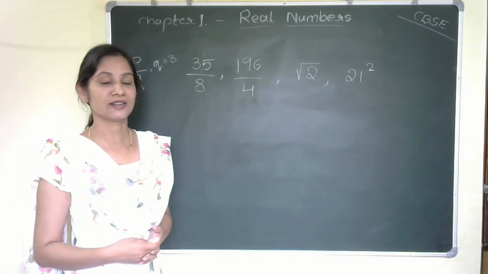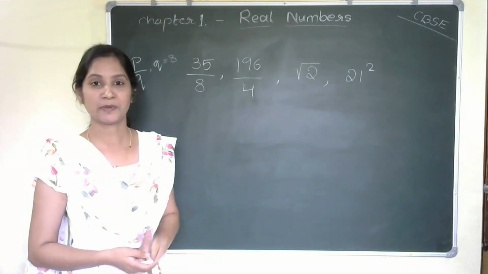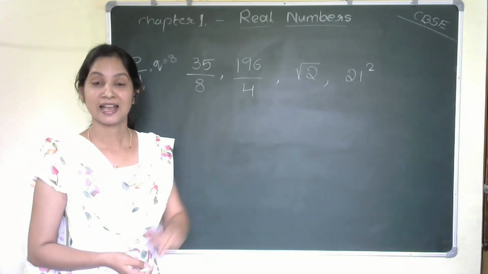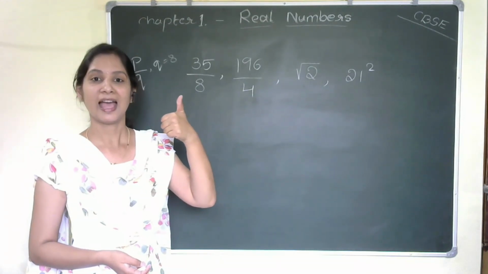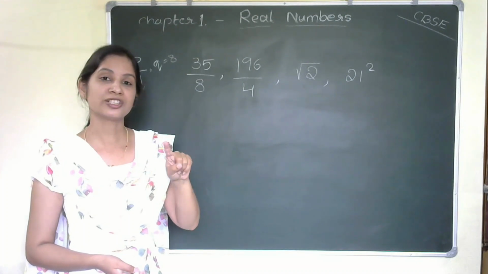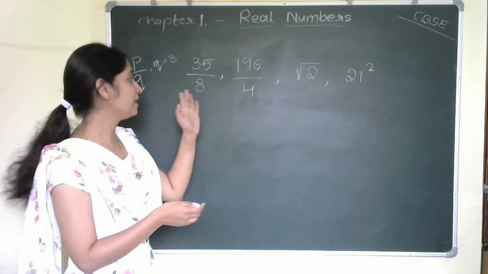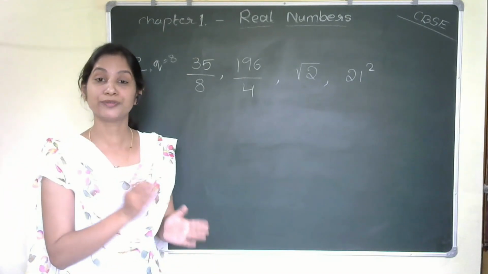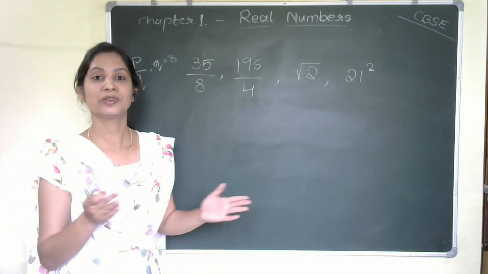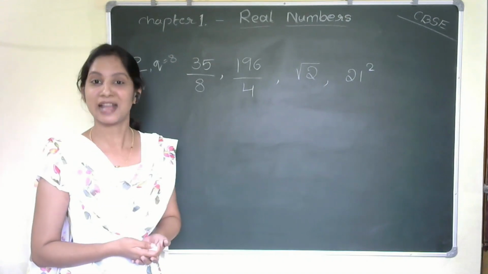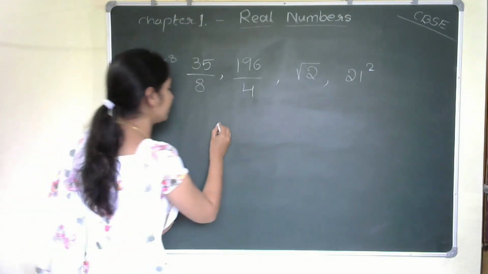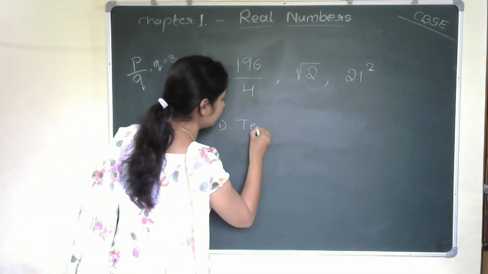And you have learned 2 different terms in your previous class: terminating, and non-terminating but recurring. If the given number satisfies one of those conditions, you can say the given number is a rational number. Yes, the first one is terminating.